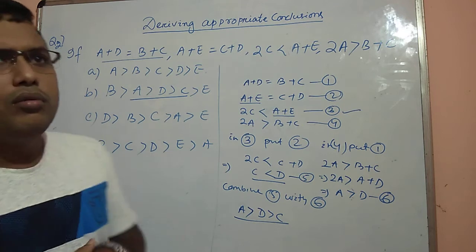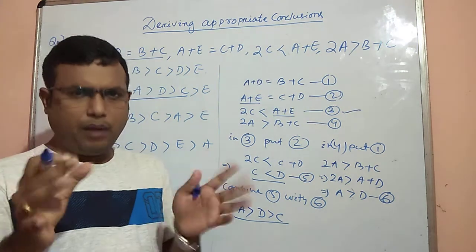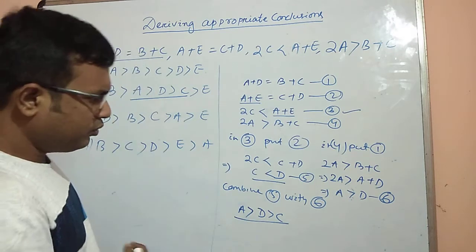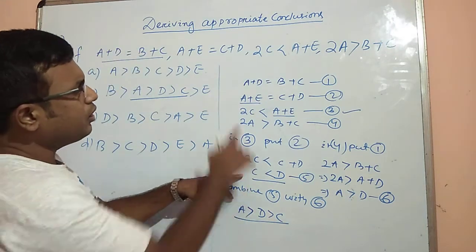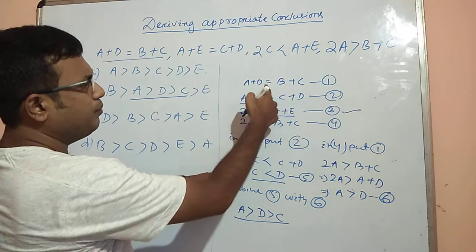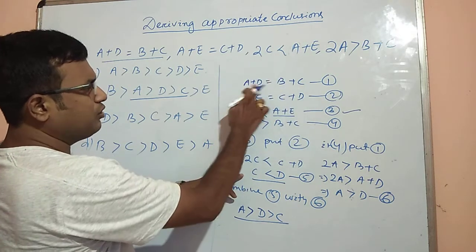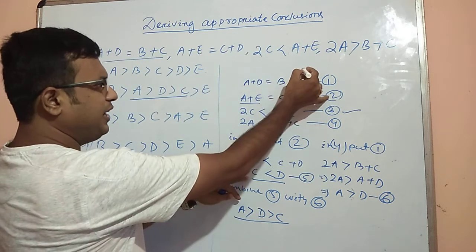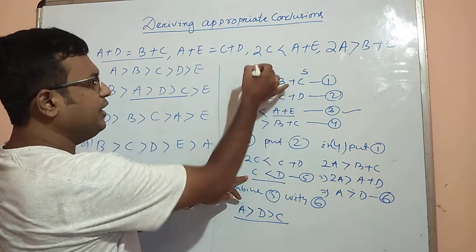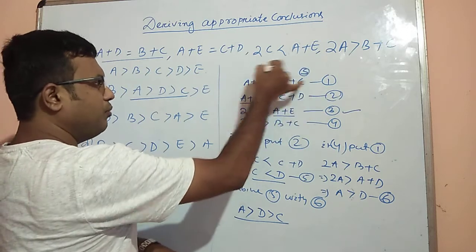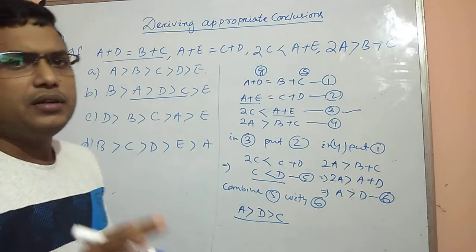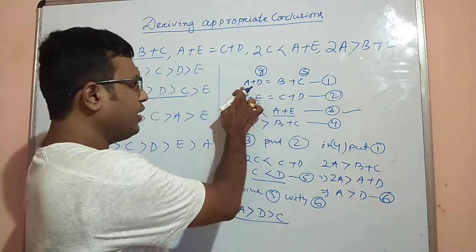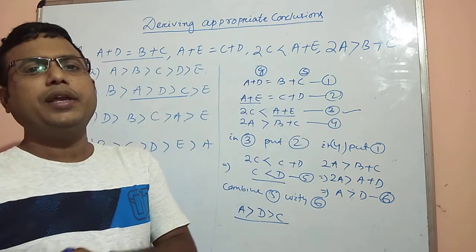Or if you want to check again properly and connect all the elements, okay, so use this one. Suppose use first one. Use first one means A plus D equals B plus C. Here C is smaller and D is greater. C is smaller than D. Am I correct? So obviously what is the relation between A and B?